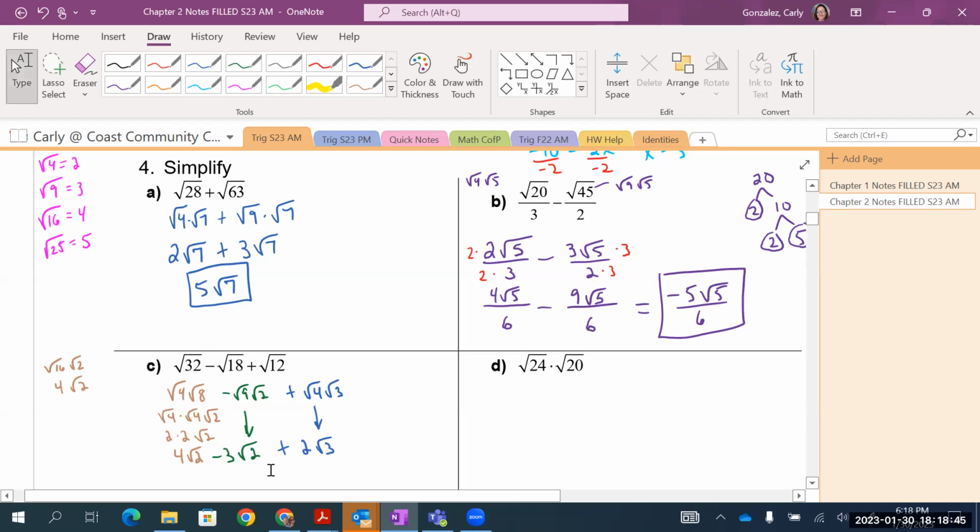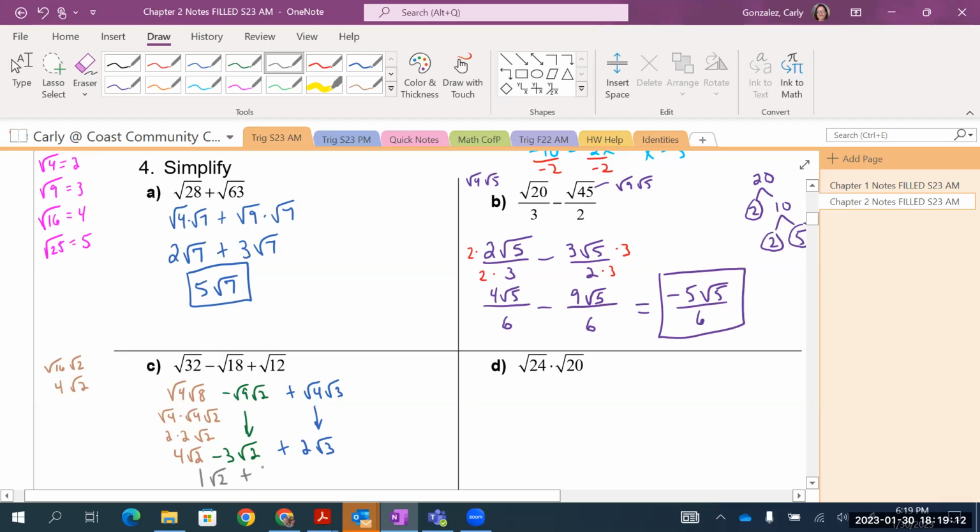Since the first two have been simplified into multiples of rad 2, we can go ahead and subtract 4 rad 2 minus 3 rad 2 is going to be just 1 rad 2, or I'll write 1 rad 2 to start, because 4 minus 3 is 1.